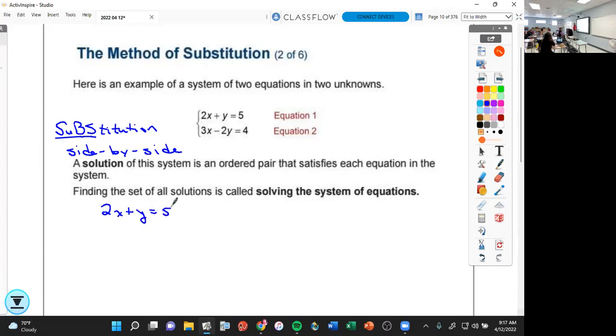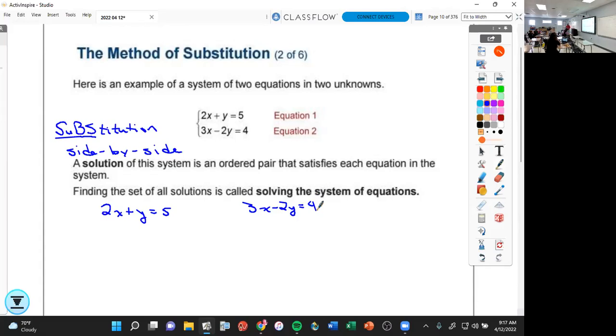That's one equation. The other equation is 3x minus 2y equals 4. And to use substitution, I need to get one of the variables by itself. So looking at these two equations, which variable and which equation would be the easiest to get a variable by itself?